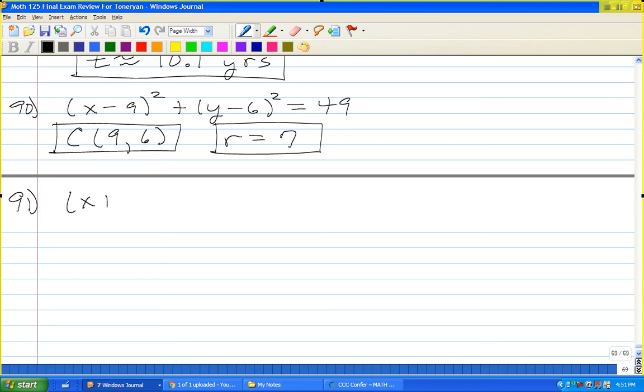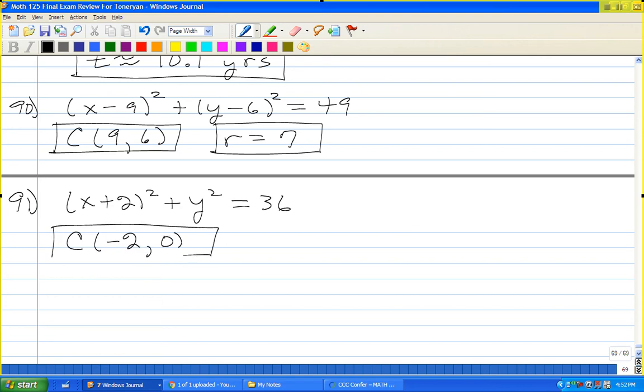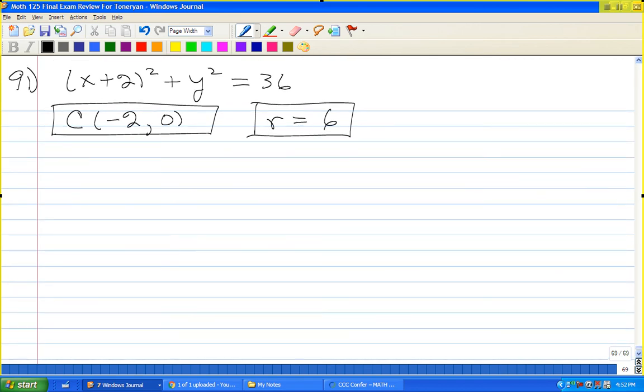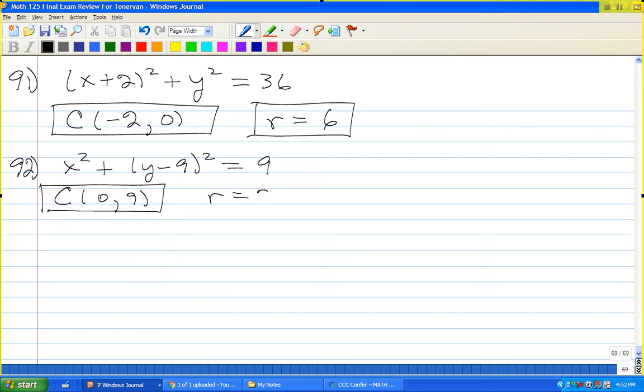X plus 2 squared plus y squared equals 36. So the center of my circle is -2, 0. And the radius, square root of 36, is 6. Let me do problem number 92. X squared plus y minus 9 squared equals 9. So the center of my circle is 0, 9. And the radius of my circle, square root of 9, is 3.